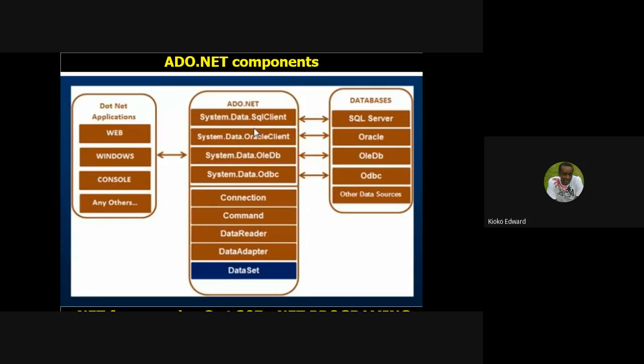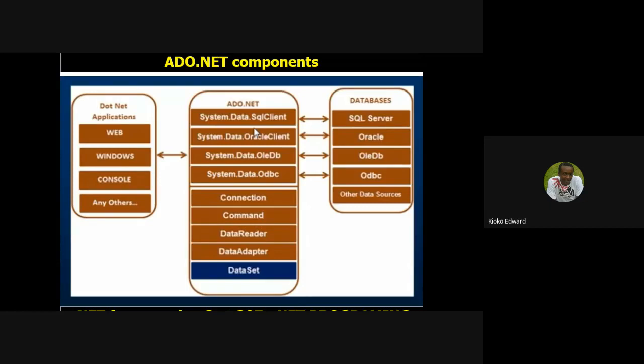Another object that will also be exposed by all these providers will be the data reader. A data reader is an ADO.NET object that will allow you to read records in a forward-only, read-only mode.